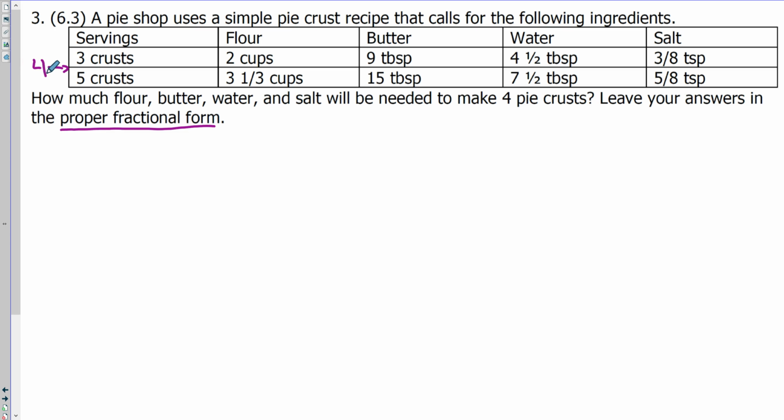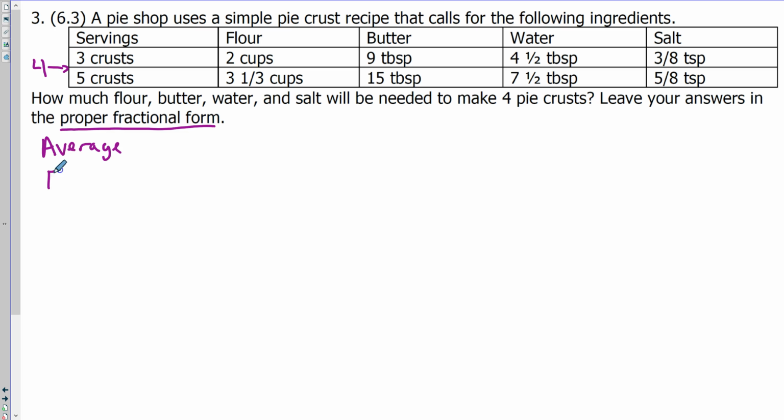It's exactly in the middle. And when you want to calculate the middle number between 2 numbers, you can do that very easily with an average. So I can find the average value for the flour, the butter, the water, and the salt, and that will tell me how much I need for the 4 crusts.